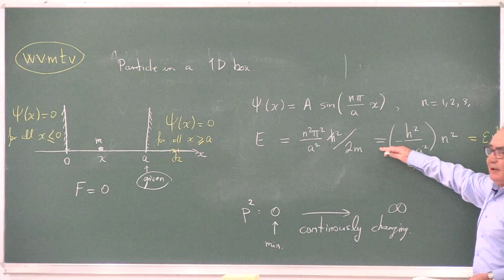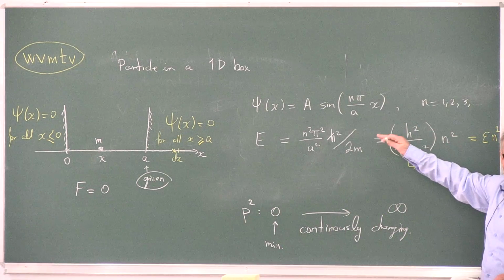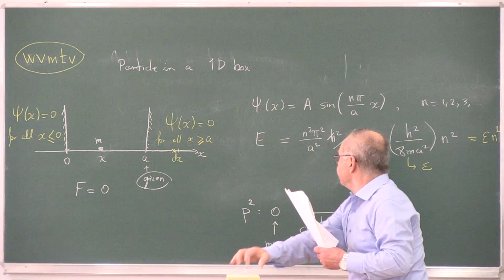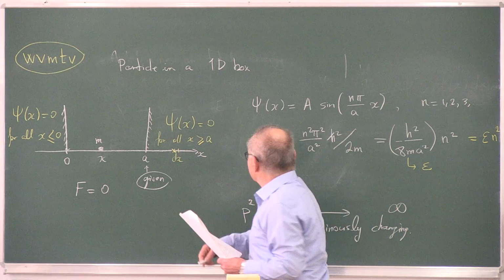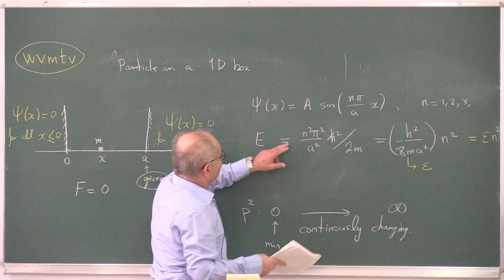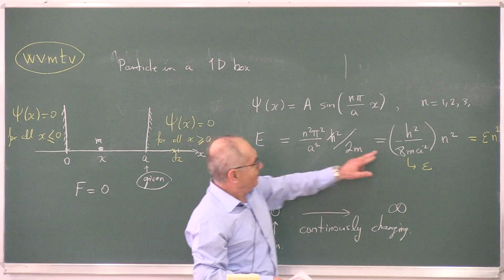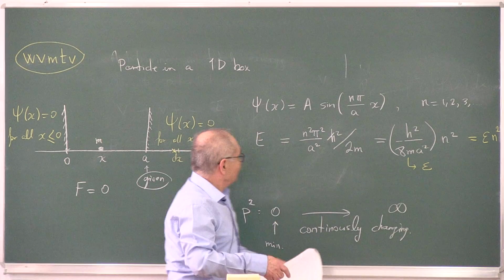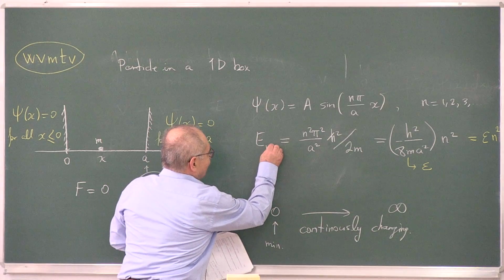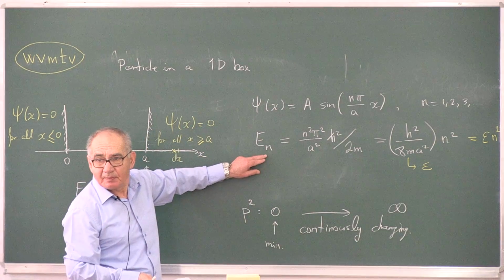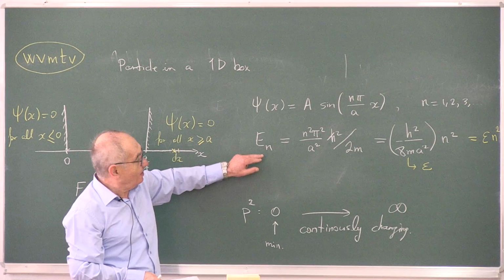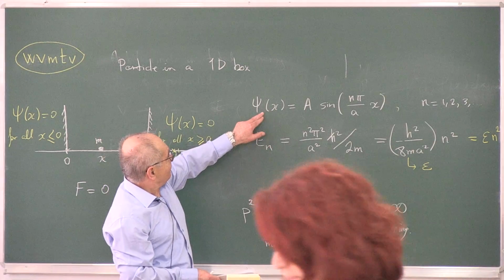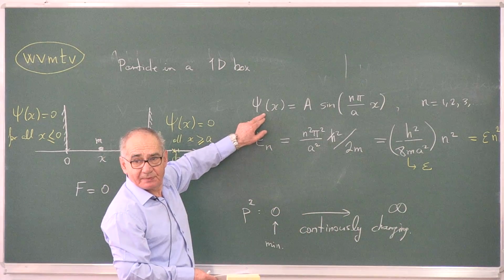Let us examine the allowed energies. Before doing that, however, because the numerical value of energy depends on which n we select, we attach the n value as a subscript to the symbol E. Similarly, same thing is true for psi function.